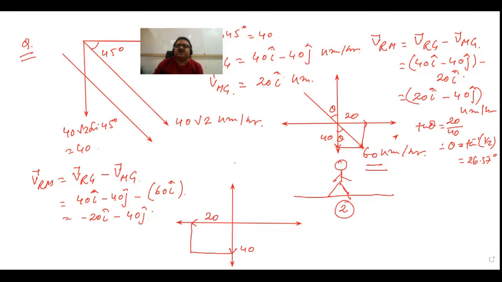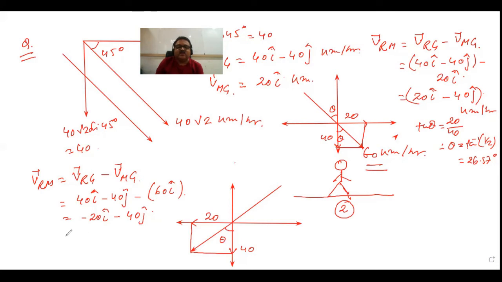Now draw the resultant. Now watch it. This is theta.